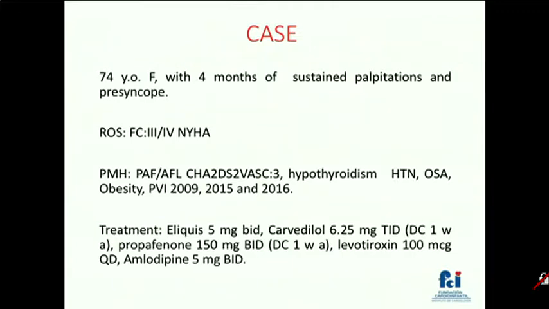Important history: a diagnosis of paroxysmal atrial fibrillation with flutter, diagnosed for the first time in 2000, with hypothyroidism, hypertension, sleep apnea, and obesity. She has been taken to isolation of pulmonary veins on the dates that you can see, and at present she is on anticoagulation management with apixaban, propafenone, and carvedilol.